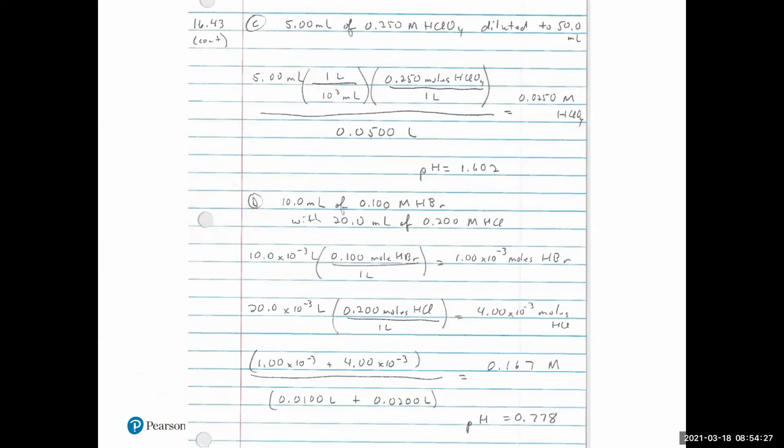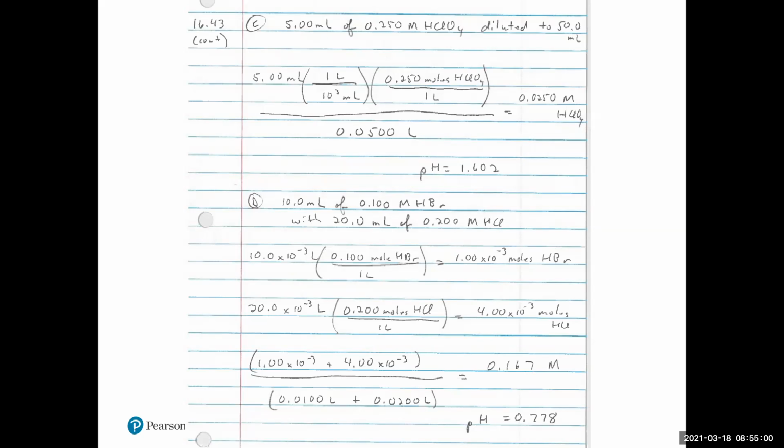So in this one, we're told we have 5 mils of 0.25 HClO4, and it's diluted to 50 mils. So same general idea. We're trying to get into that moles per liter so that then we can just simply do minus the log of that hydrogen ion concentration. So we start out and we say we have 5 mils of this 0.250 molar solution.